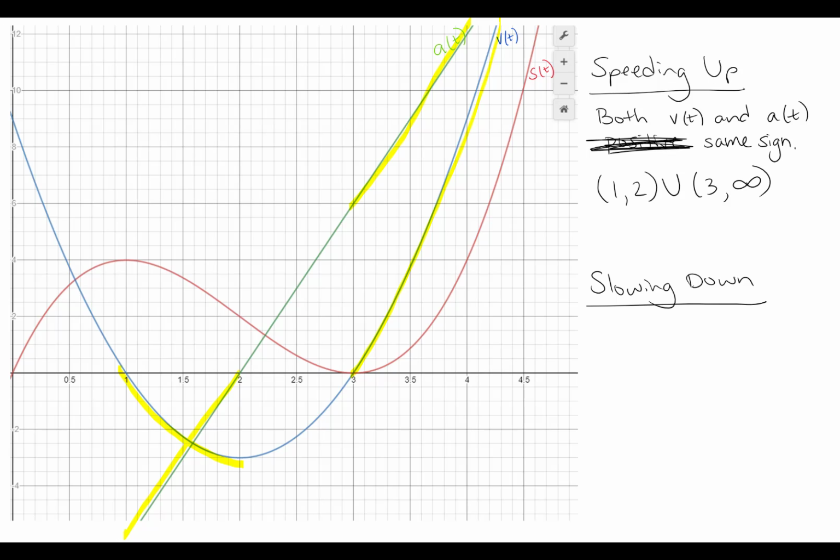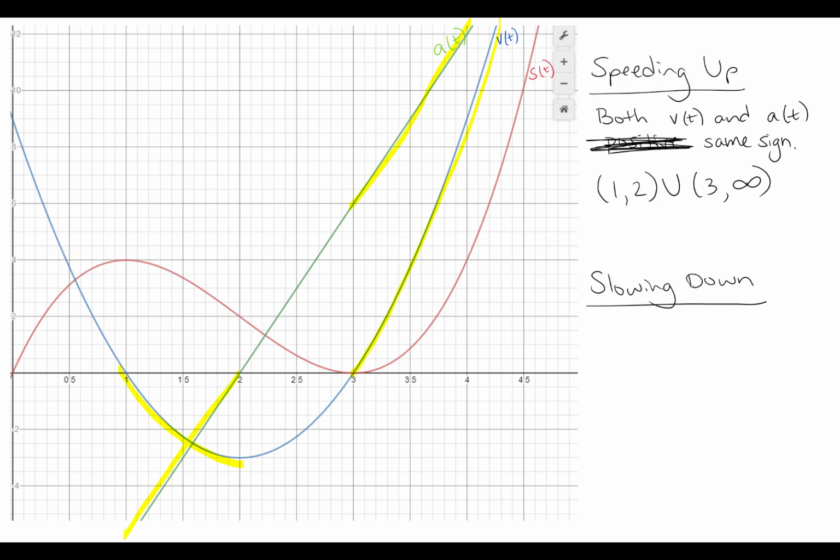Now we want to look at where we're slowing down. So in our example of driving a car, this would be if we were to apply the brake pedal rather than the gas pedal. So if I am already traveling forwards and I want to slow down, I hit the brake pedal, applying a deceleration to my forward velocity. So velocity would be positive, but acceleration would be negative.